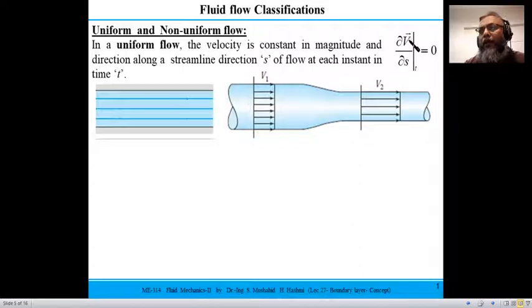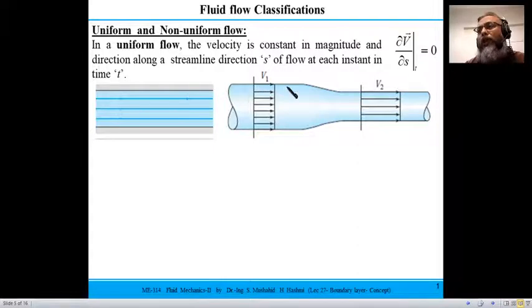So here we are differentiating velocity with respect to the position, with respect to the space coordinates, and I have taken here S in the streamline direction at a given time. All layers at that cross section would, at a given instant of time, be moving with the same velocity.